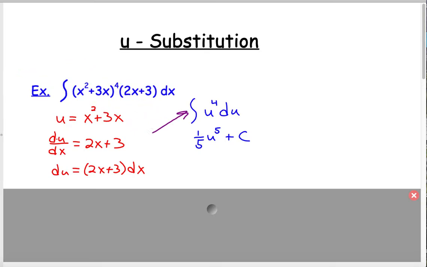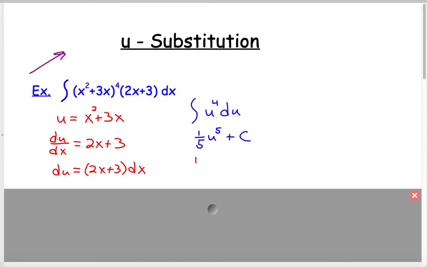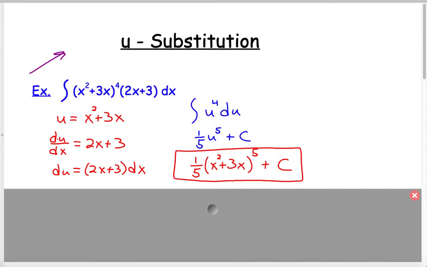So once I finish anti-differentiating, let me go back and replace u, any u in my answer, with x squared plus 3x. So my final answer, switch to red, is going to be 1/5 times the quantity x squared plus 3x, all to the fifth power, plus any constant. And there you have it.